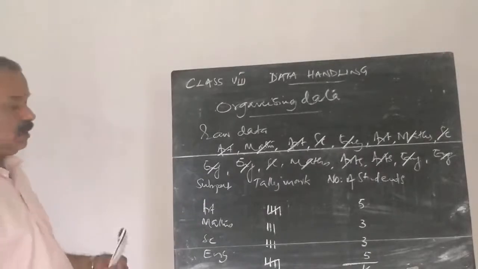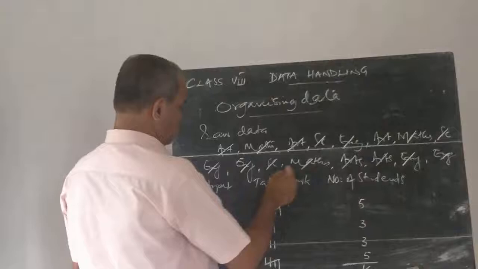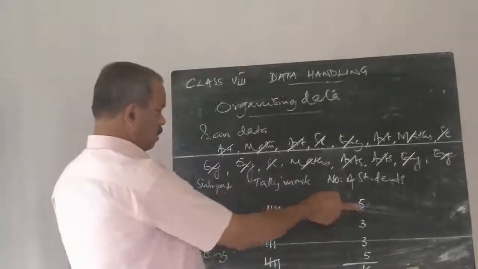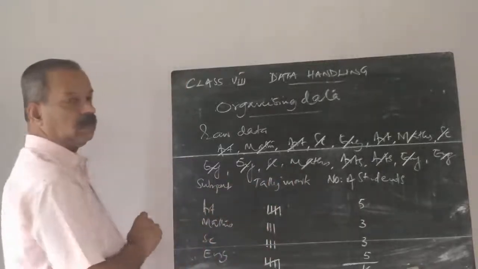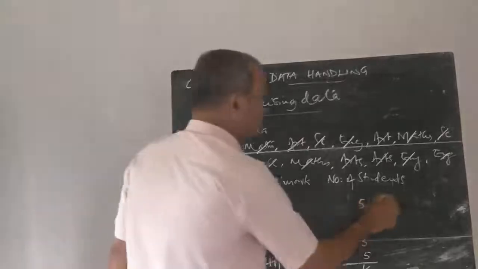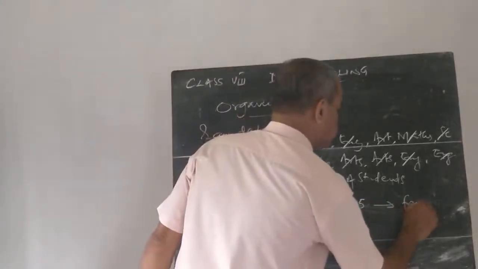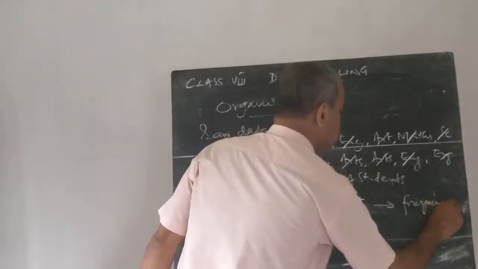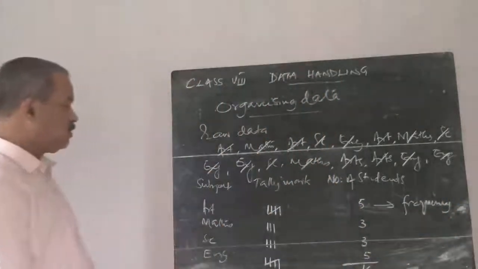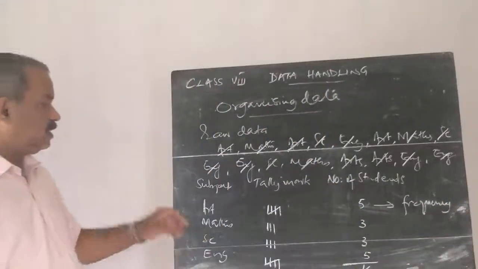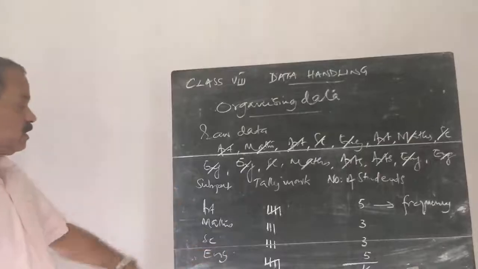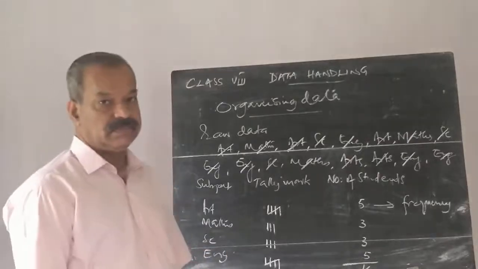This number of students who like art is the frequency. 3 is the frequency of maths, 3 is the frequency of science and 5 is the frequency of English.